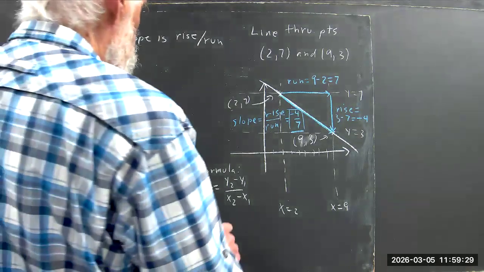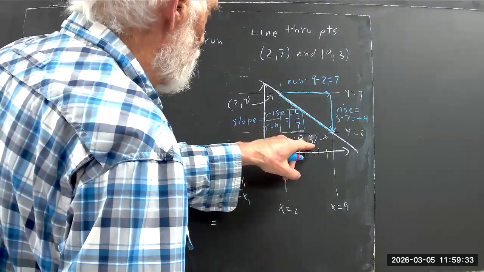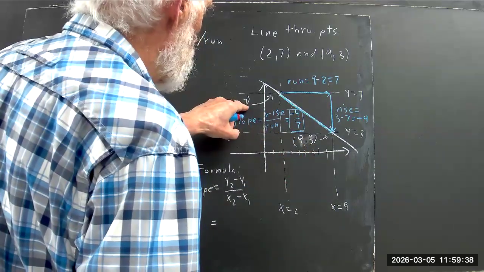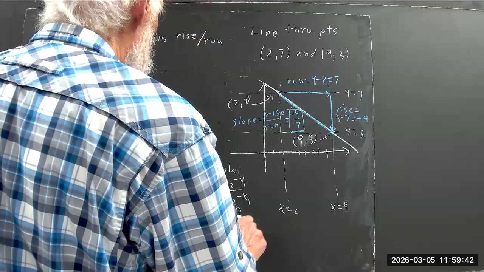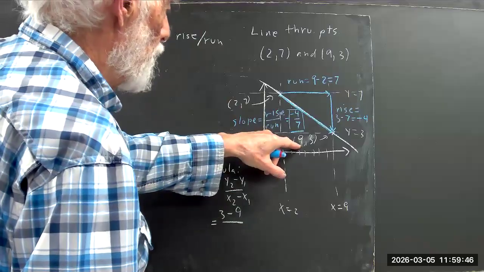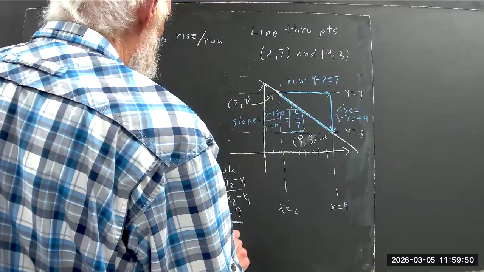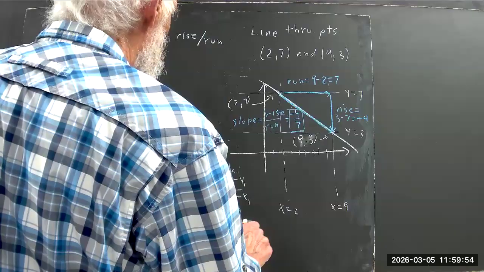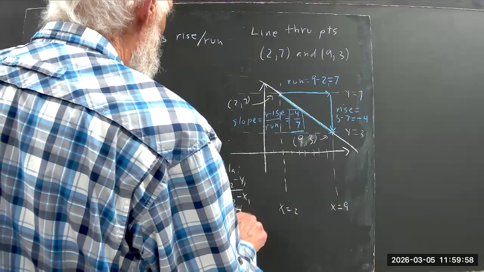So by the formula, of course, y2 would be the y-coordinate of the second point, y1 would be the y-coordinate of the first point. That does give you 3 minus 7. And x2 would be the x-coordinate of the second point, x1 would be the x-coordinate of the first point. That would be 9 minus 2.